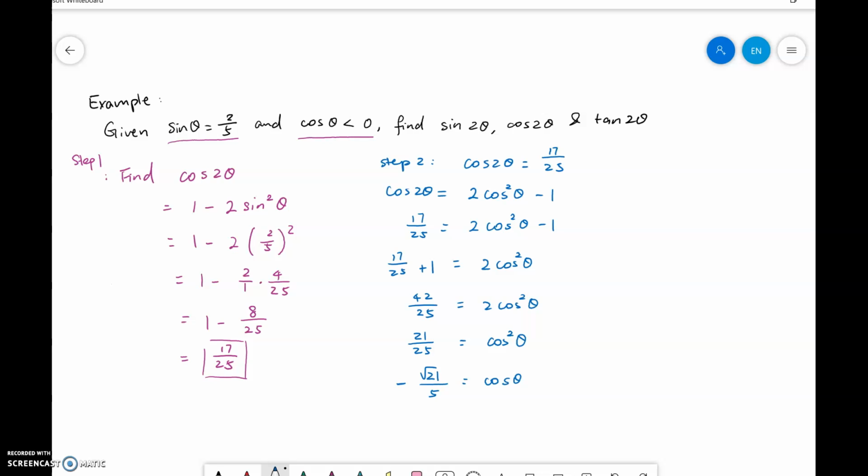From those 2 steps, what I know now is sine of theta equal to 2/5, cosine of theta equals negative square root of 21 over 5.